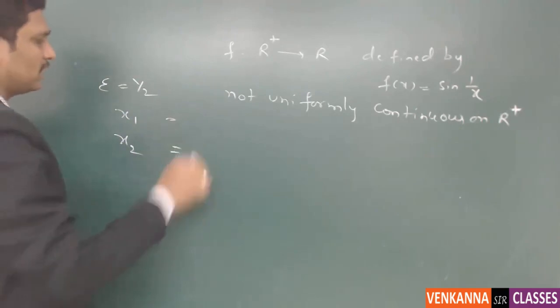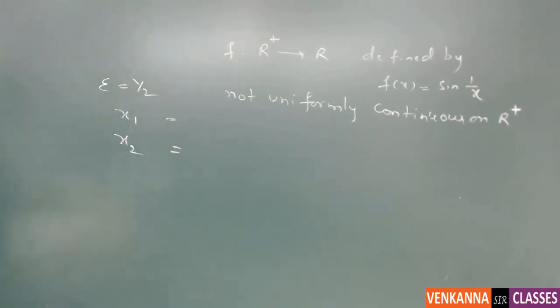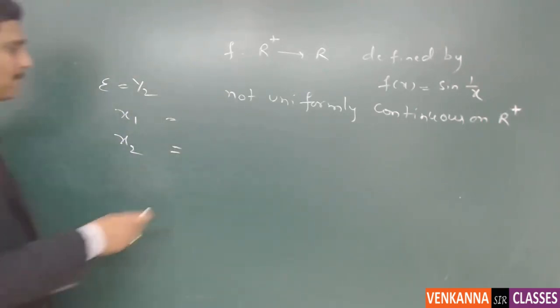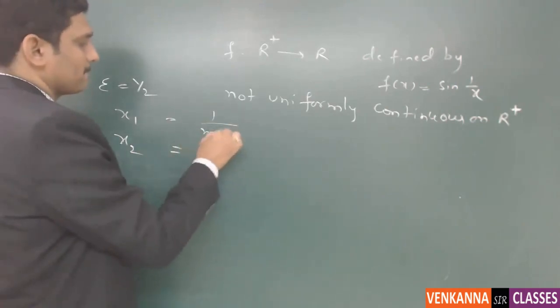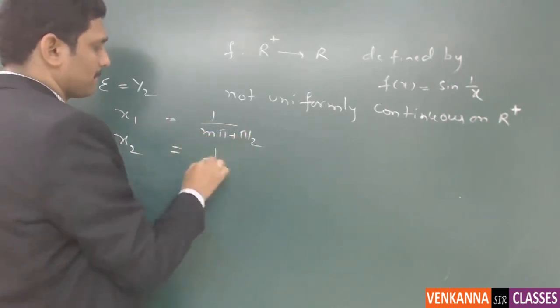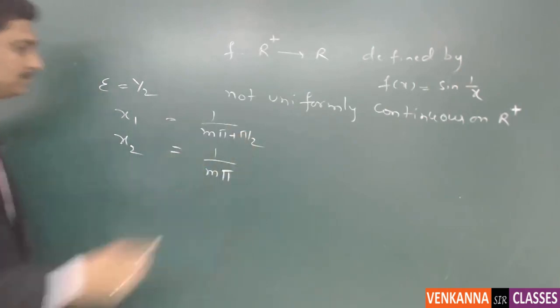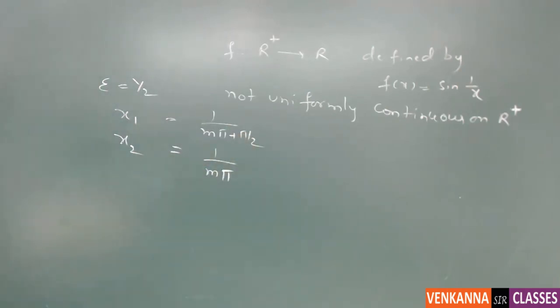So you take one value as x1 is equal to 1 by, and x2 is equal to m pi, because if you take the difference, it must be less than delta.